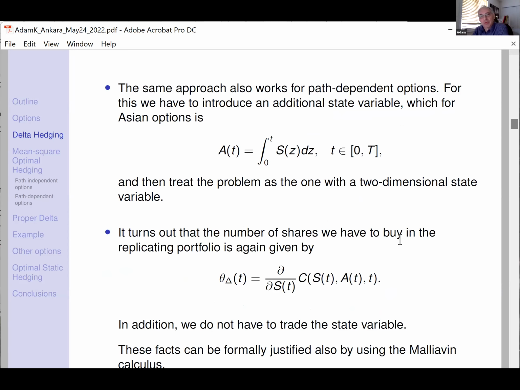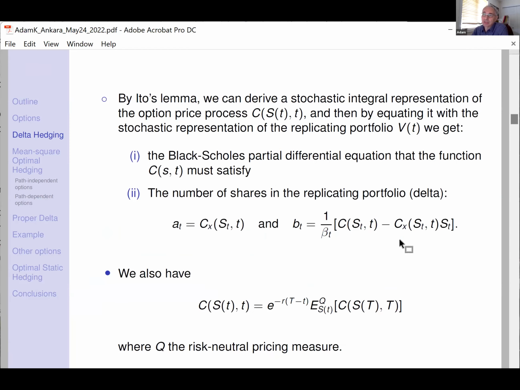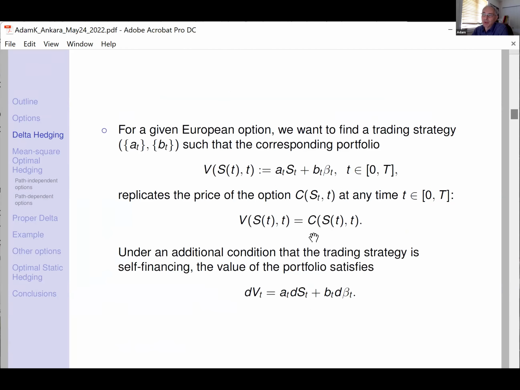Now, how about finding delta for path-dependent options? Actually, the steps are almost the same. The main difference is I have to add an additional state variable. So the critical assumption in this derivation was that the price depends on the current value of the underlying.